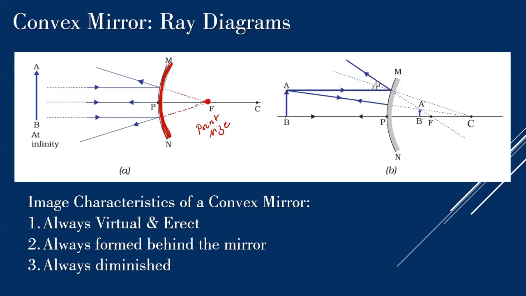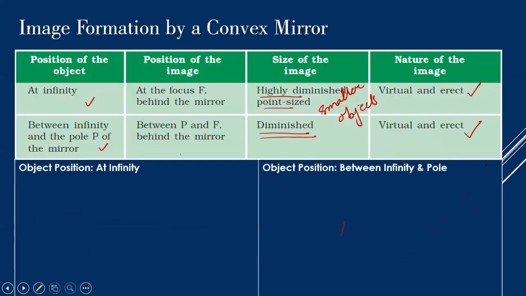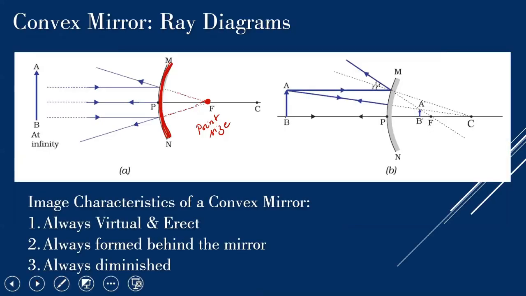So what we have considered: one ray is parallel to the principal axis. It is going to diverge and appear to come from a point that is the focus. Another ray is directed towards the center of curvature, so it is going to follow the same path.